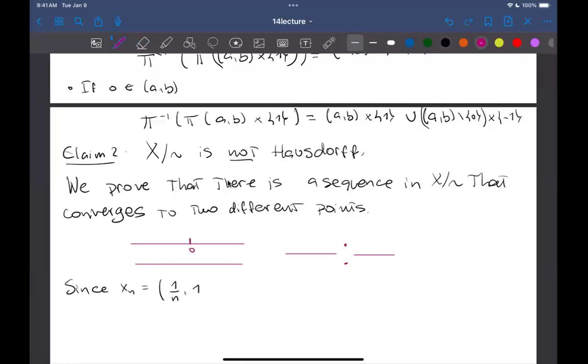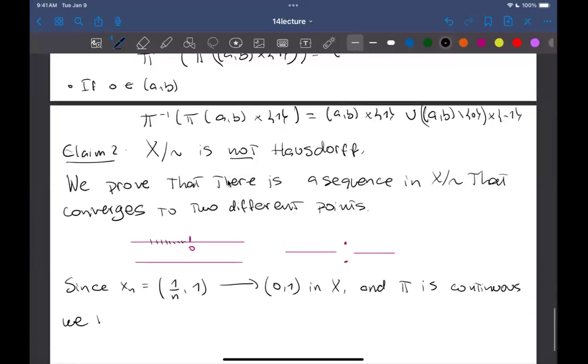With my x_n, I'm getting closer and closer to 0 on this line. Since this sequence converges to (0, 1), and the quotient map is continuous, we know that map is in particular sequentially continuous. So we know that phi of x_n needs to converge to the class of (0, 1) in the quotient space.